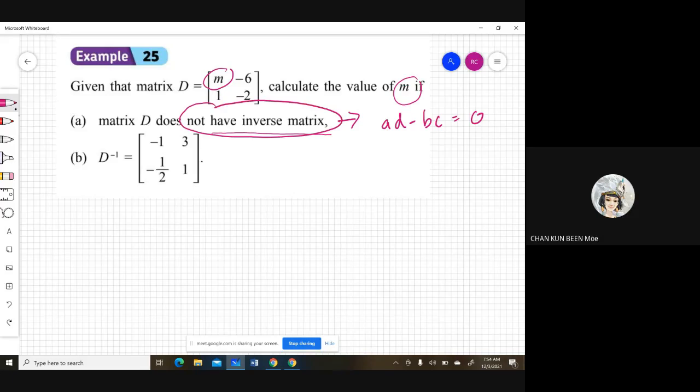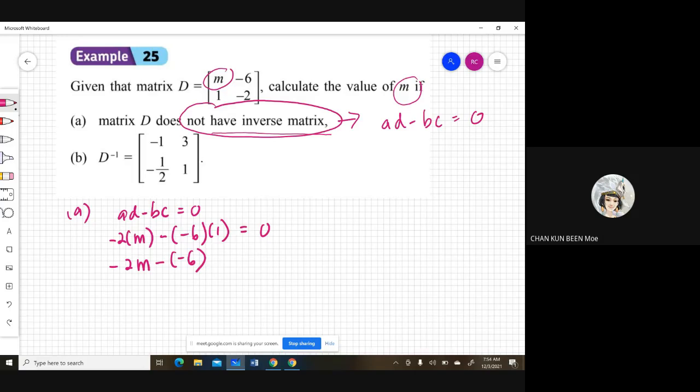Okay, so we are going to look for the determinant over here. Right now, A. Okay, so the AD minus BC is equal to 0. So we are going to find out A is M. Oh, sorry, A is -2 because it's already exchanged position, but that doesn't matter. AD minus -6 times 1 equal to 0. Okay, so -2M minus -6.